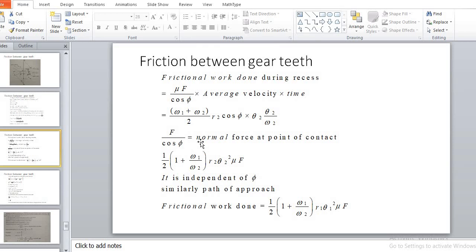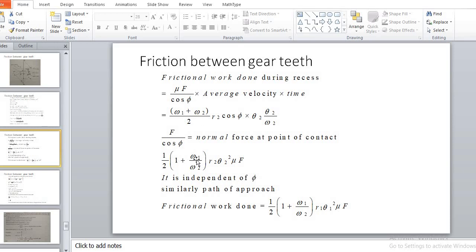And then this F by cos phi is the normal force at the point of contact. After simplification of all these terms, you will get one-half into (1 plus omega 1 by omega 2) into (R2 theta 2) whole square into mu F. Here I forgot to write the mu value, mu F. When you put mu F here and take omega 2 inside the bracket, you get omega 1 by omega 2 plus 1.